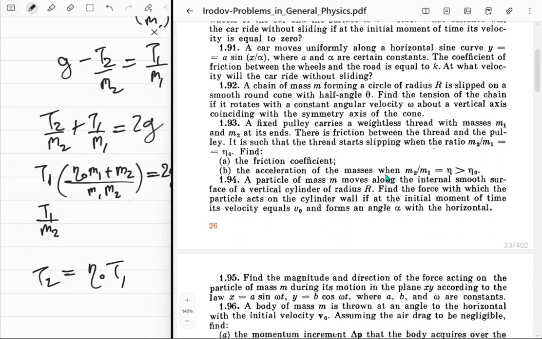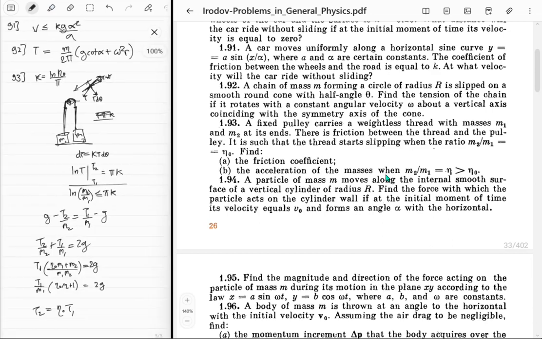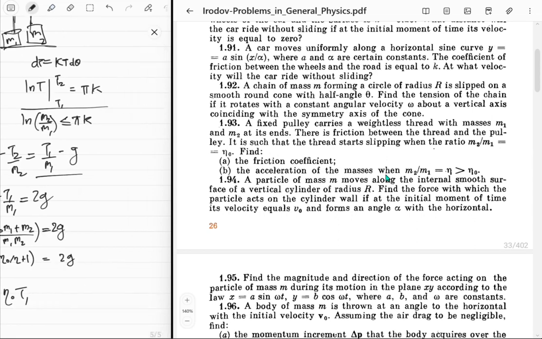So the T2 upon m2 is what we would have needed, so upon m1 is better. You got m2 upon m1 is the η0. Yeah, so it's like this thing upon η plus 1, exactly. Perfect. Is equal to 2g. So once we have this, you can figure out what this acceleration should be.